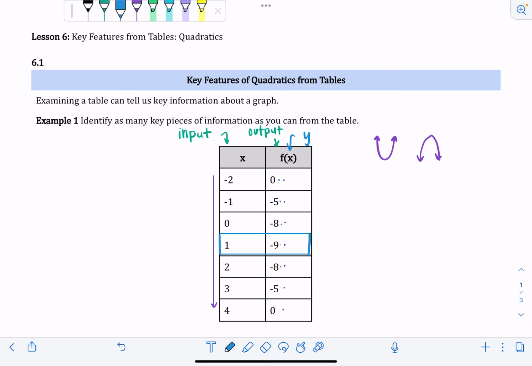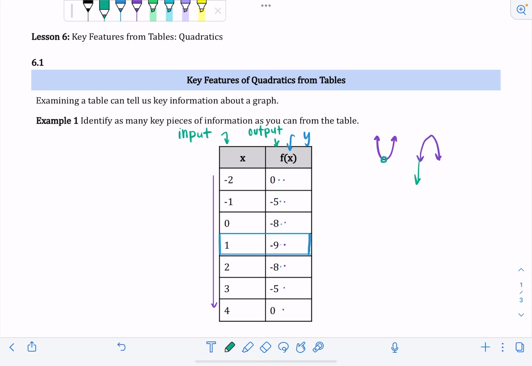So that -9 is the lowest value. Whenever you have a lowest value on our table, that's considered a minimum, a low point. So our parabola is the one that opens up, because that's the one that has the low point.